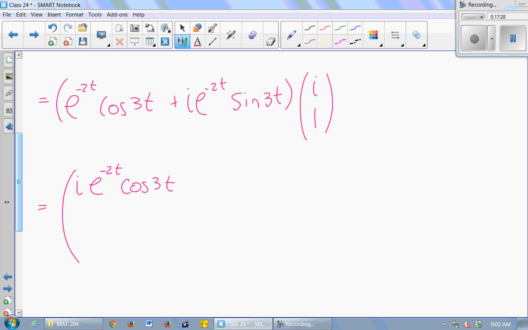And then when I multiply i times i I get i squared, which is actually -1. So this becomes minus e to the -2t sine 3t. It's just multiplying this i by my whole scalar. And then I'm going to multiply 1 times the whole scalar, which won't change it. So I have e to the -2t cosine 3t plus i e to the -2t sine 3t.